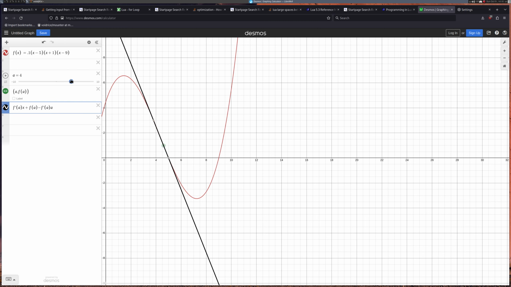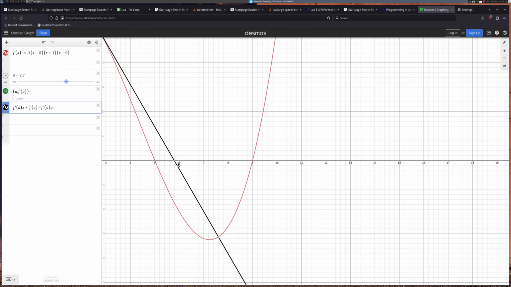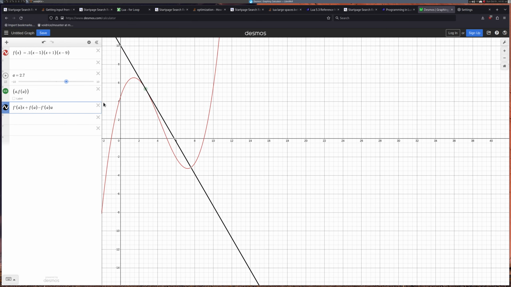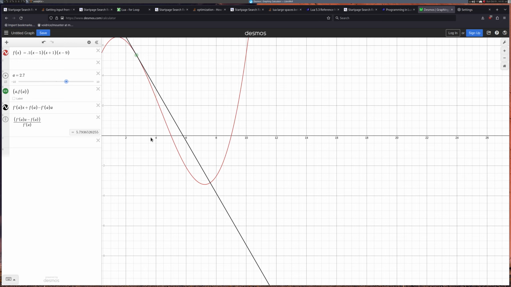Alright. So now all we need to do is find when this equals 0. So it'll be f prime of a times a minus f of a, all over f prime of a. That's when it equals 0.